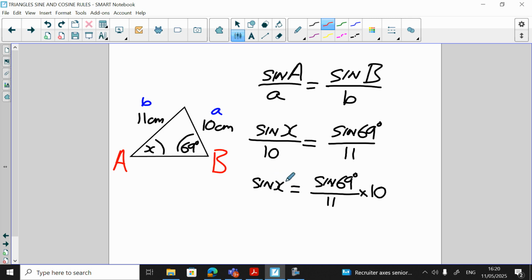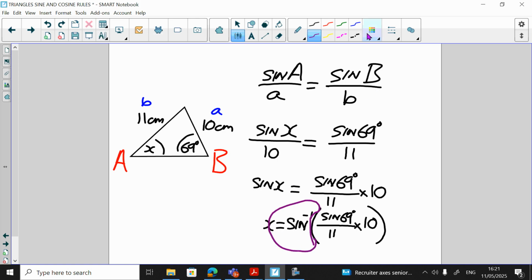But now we've got sine X, but we want to isolate X. So we need to get rid of that sine part. The opposite of sine is inverse sine, and some of you call it sine with a -1. That's fine. We don't care what we call it, as long as we know what's happening.